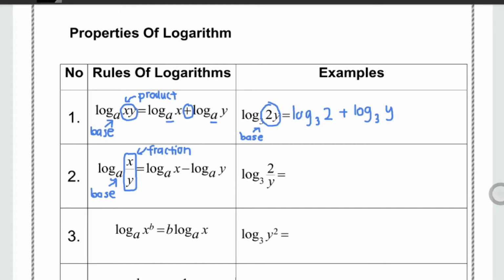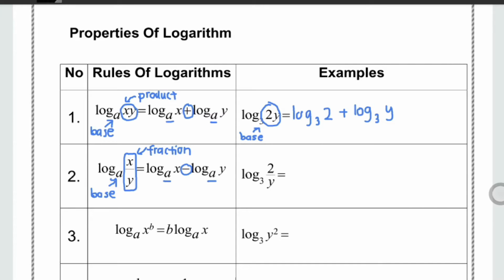So log x over y base a equals log x base a minus log y base a. And again, please notice here we have the same base, which is a.